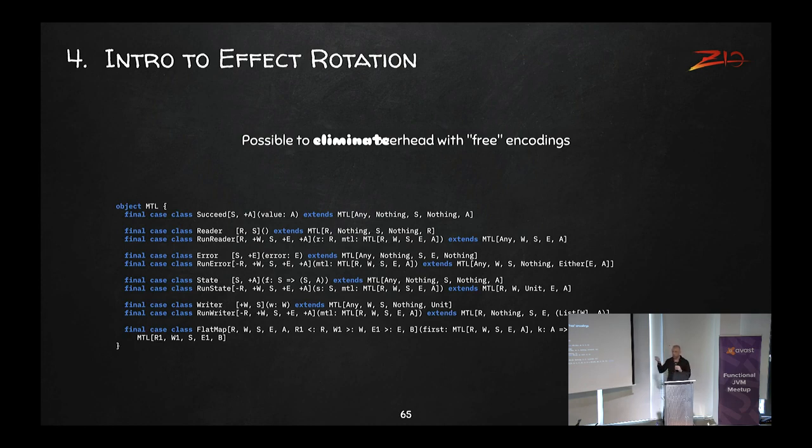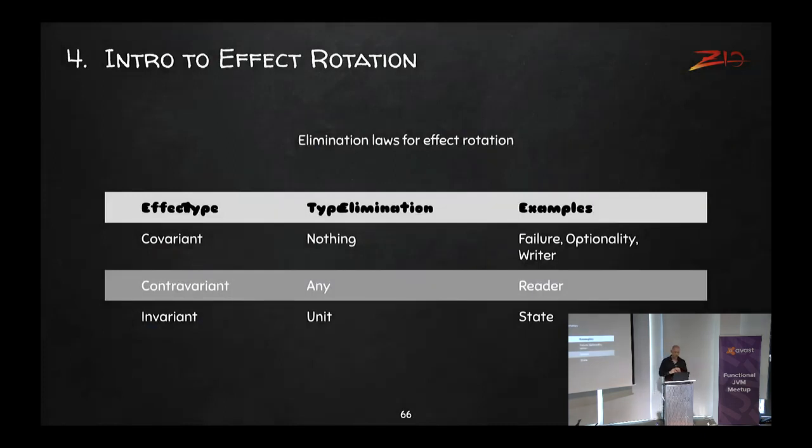And the structure of this is very regular. There's principles going on behind here that you may not see. Elimination laws. So there's a very regular set of rules that you can follow when introducing the operations for elimination. If you're dealing with a covariant effect type like failure or optionality or writer, then its elimination will take that type parameter and transform it to nothing.